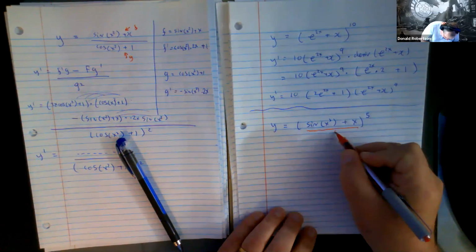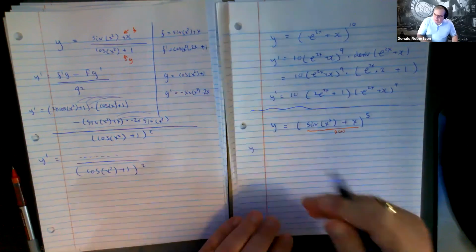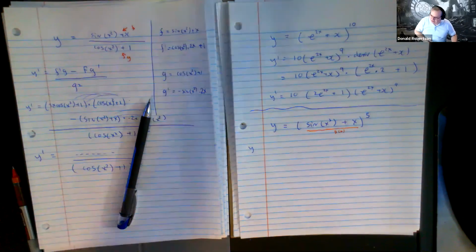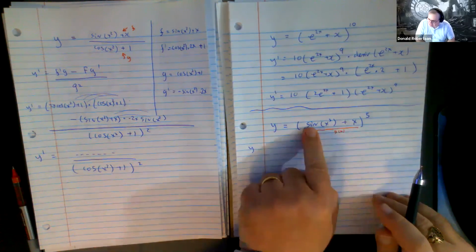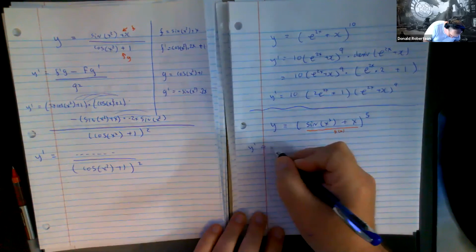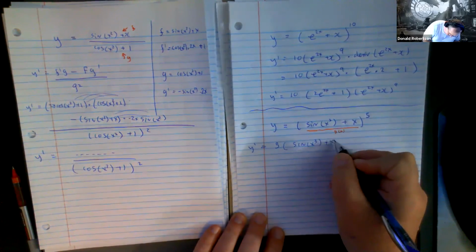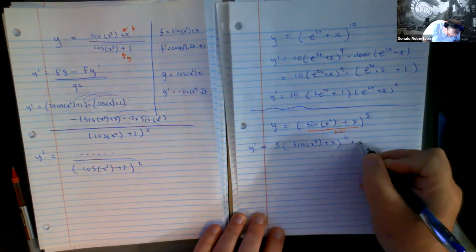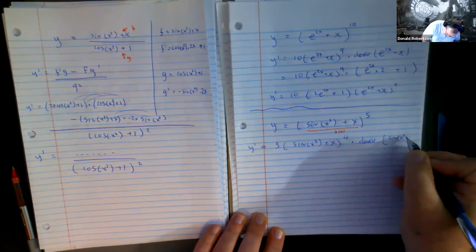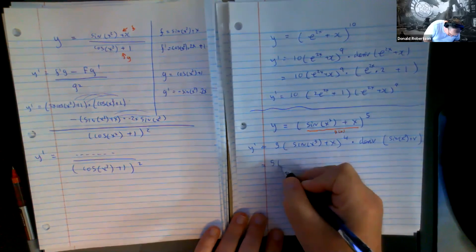This is my something. So my first layer, it's like, you know those Russian dolls where you have a doll inside a doll inside a doll? It's kind of like that analogy. So this is the outer doll, something to the power of 5. Then you get 5 somethings to the power of 4 times the derivative of that something. So you get 5 of these guys.